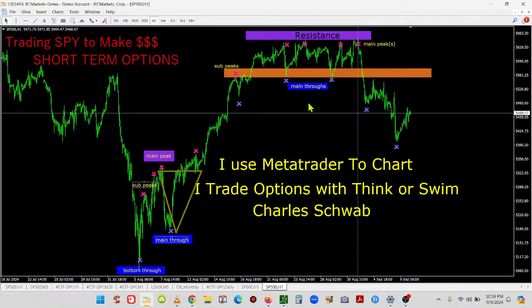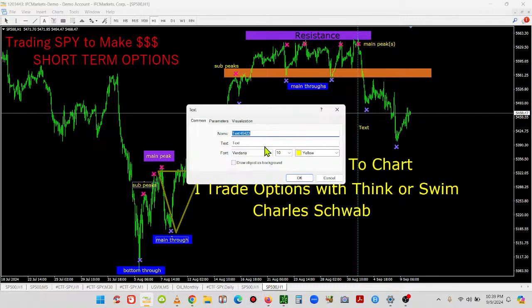Okay. Now, we have resistance and we have sub-peaks. We have to beautify our chart completely.